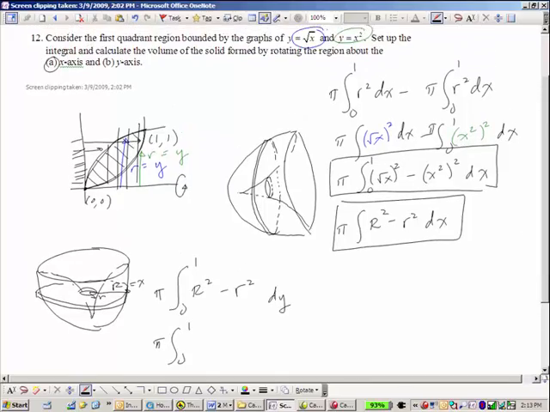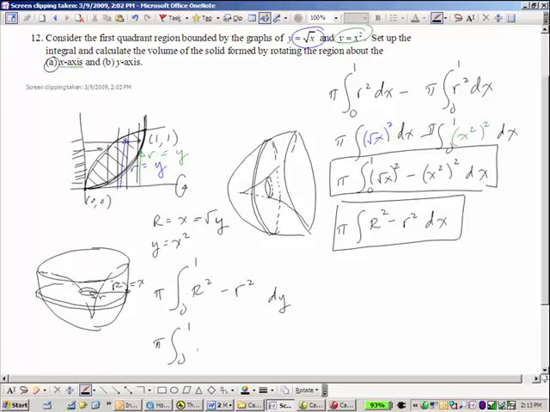The big radius, which function does that correspond to? That corresponds to x squared. So the big radius is equal to x, and I know y is equal to x squared, so Gabby says exactly that's equal to square root of y.